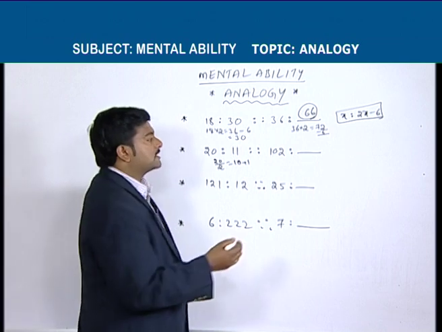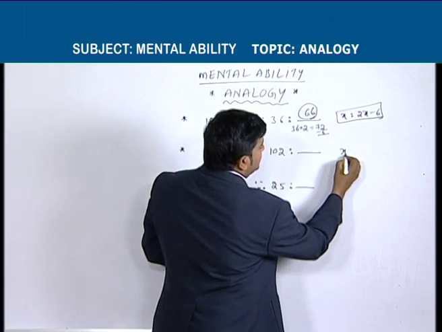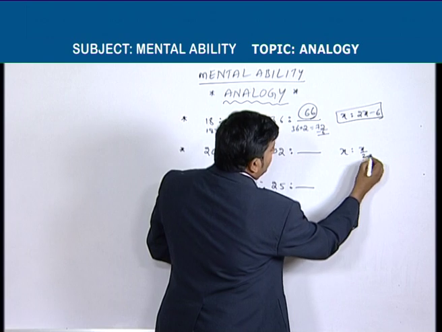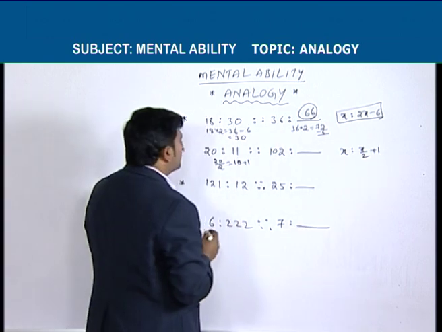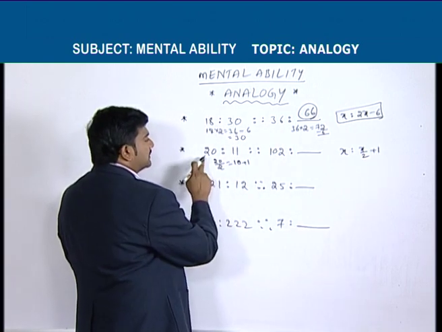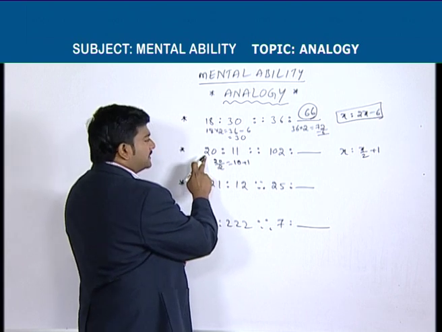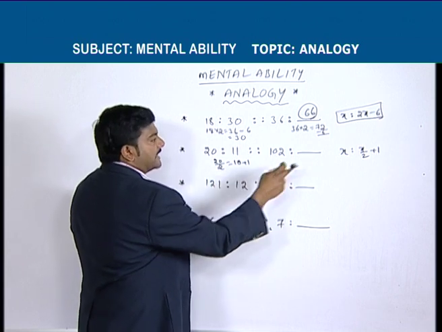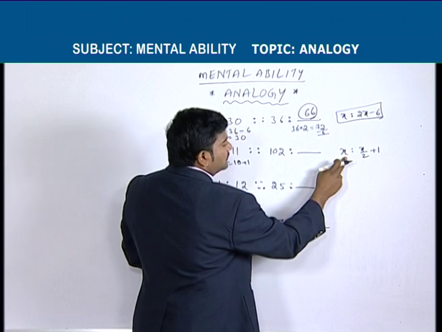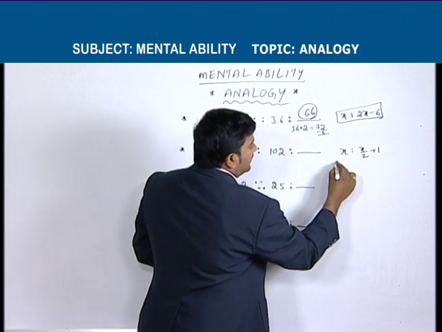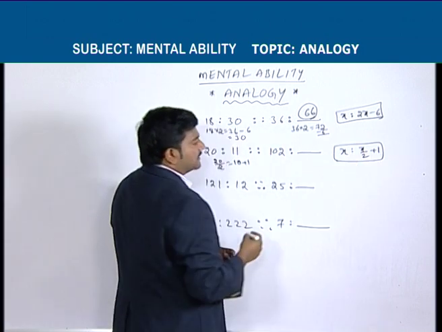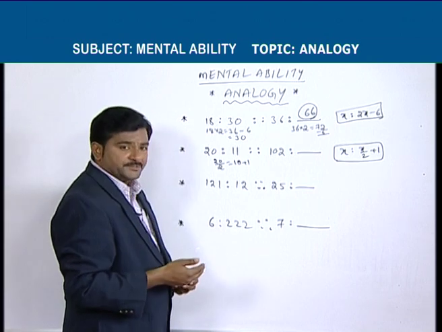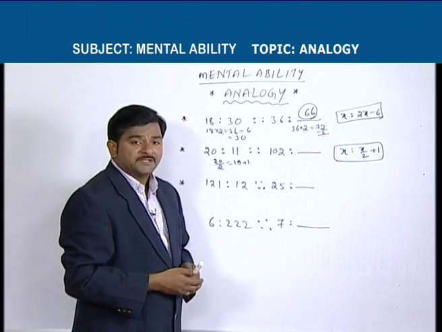So let's say simply x given, x is to x by 2 plus 1. That is the concept involved in this logic. Here x is divided by 2 and we add plus 1. So here 20 is divided by 2 plus 1. Hence the concept involved for the second model is x is to x by 2 plus 1.